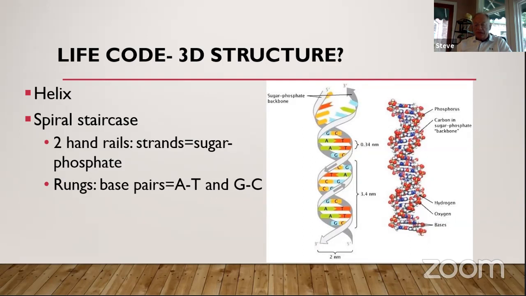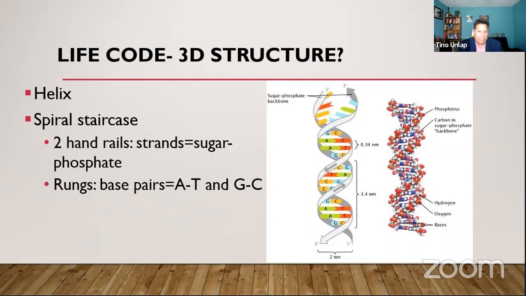Explain that to us. Okay, so just so we don't think that it's just a mash of nothing, a goo of worthless something, it actually has a three-dimensional structure, and this three-dimensional structure must be maintained in order for the code to be functional.